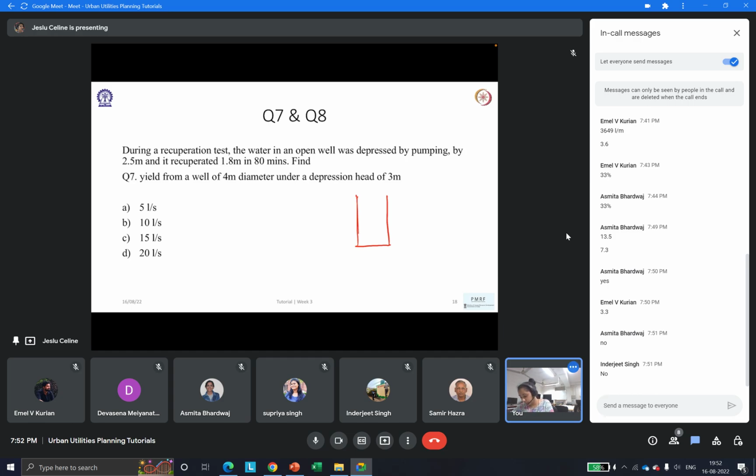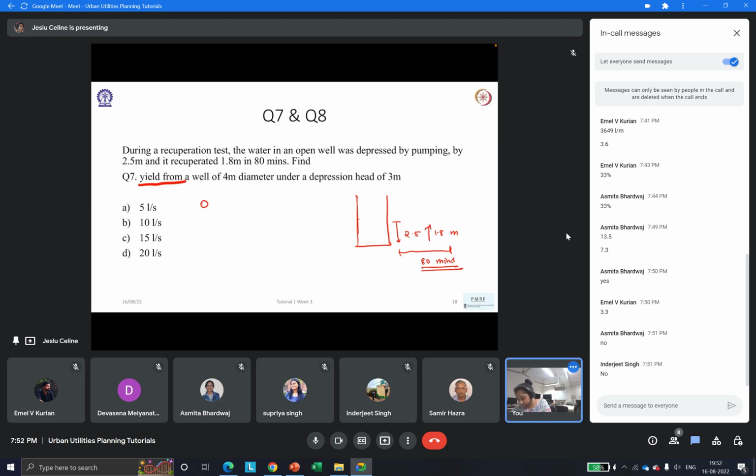So the water level reduced initially by 2.5 meters and then it again came up by 1.8 meters. And the duration in which this happened is 80 minutes, so this duration is also given. Now in the first question we've been asked to find the yield from the well.